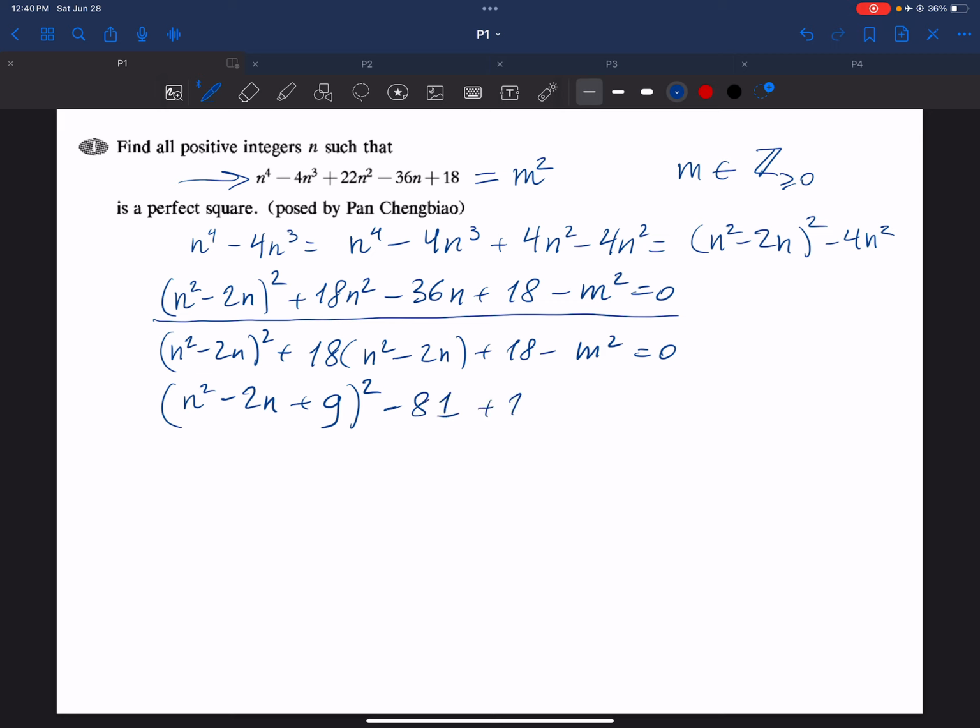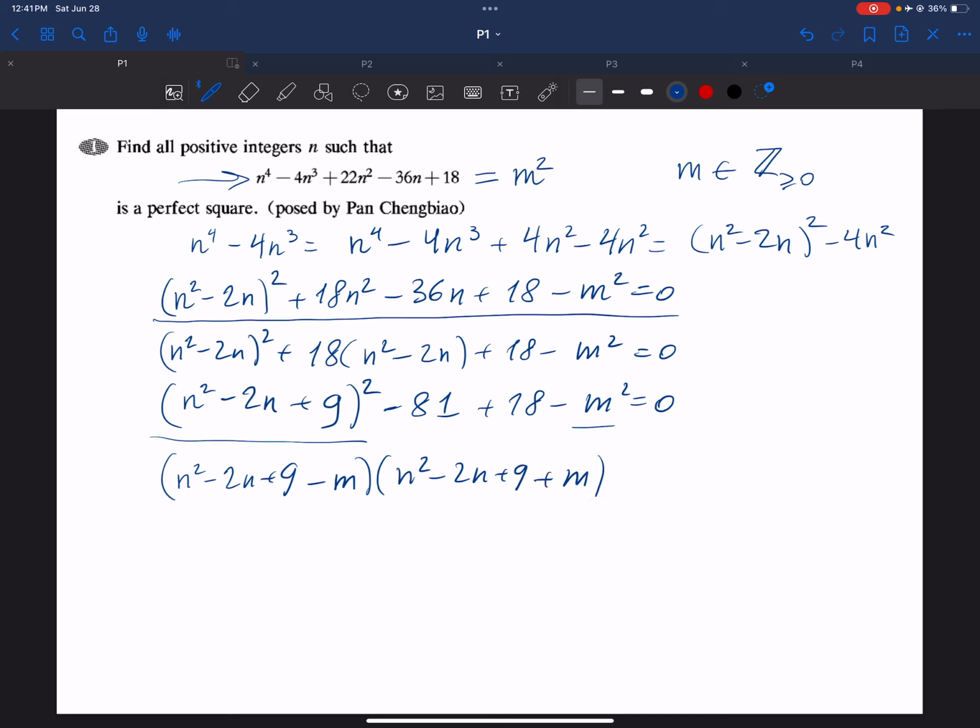Then we have plus 18 and minus m squared equals 0. Okay, so here we have a square minus another square. So I'm going to rewrite this in the following fashion: n squared minus 2n plus 9 minus m times n squared minus 2n plus 9 plus m, and this equals 81 minus 18, which is 63.